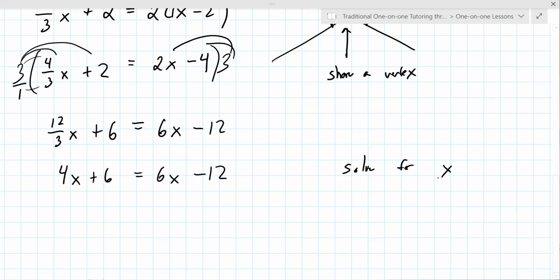Now, first of all, you have to subtract both sides. I want you to work this out. I want you to do the calculations from here.